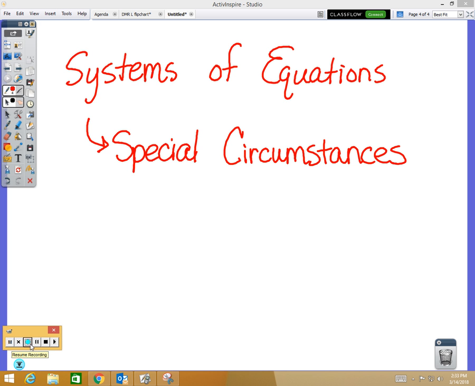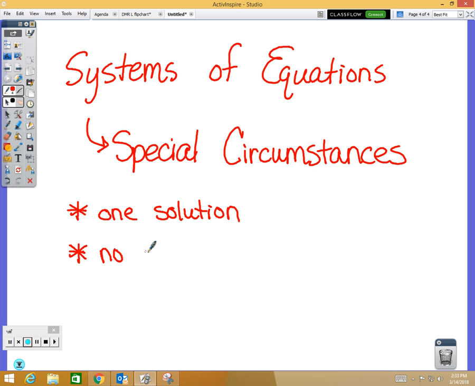Okay, so far, every system that we have had, whether it was when we were graphing or when we were using substitution like yesterday, has had one solution. And most systems will have one solution. But it is also possible for a system to have no solution.